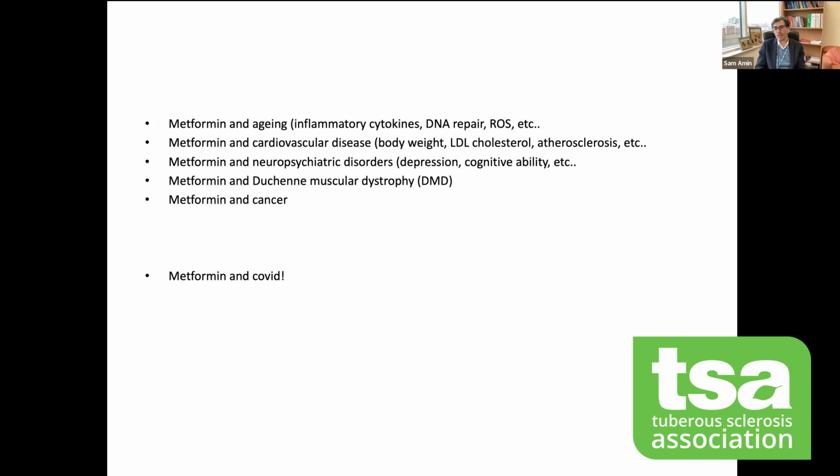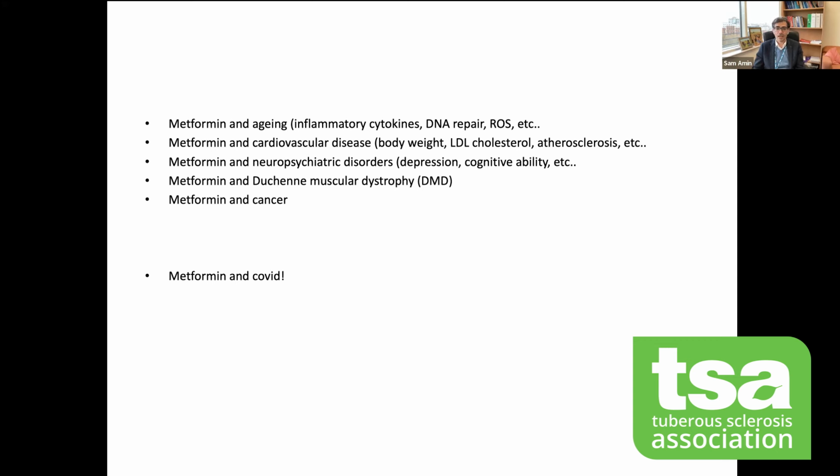But when you read about metformin, it works almost for everything, literally everything. Maybe some of you are already taking metformin and you have diabetes, and I think you'll be pleased when you see this slide because it does help you a lot for lots of other things. It helps with the aging process because it has some anti-inflammatory effect, affects your DNA repair process.